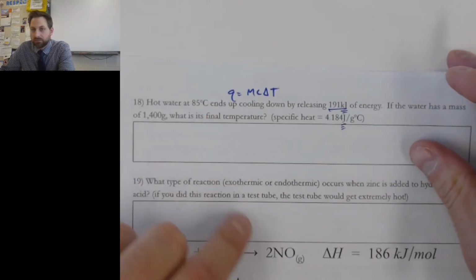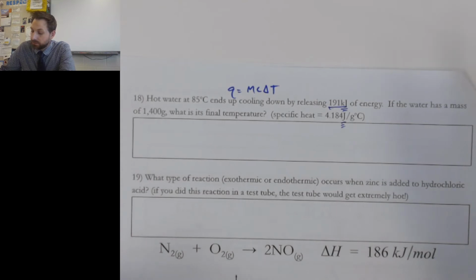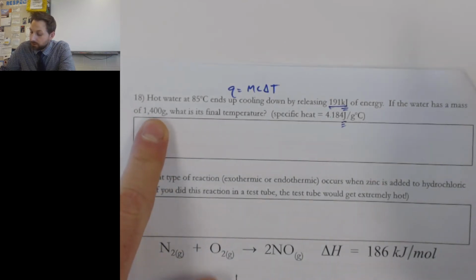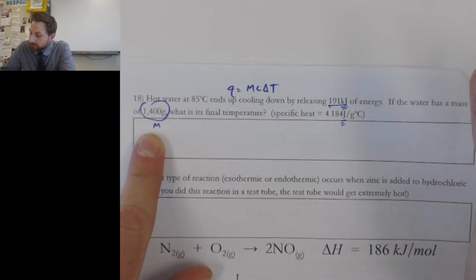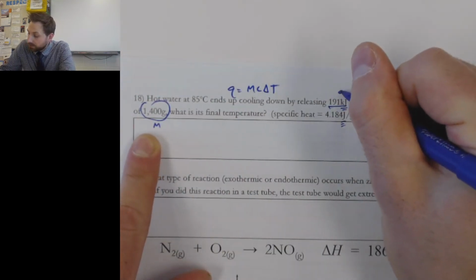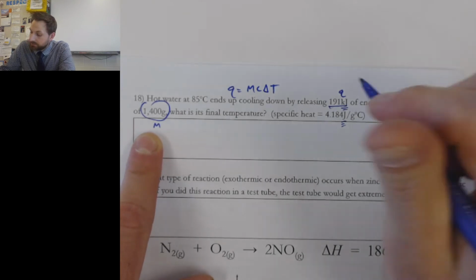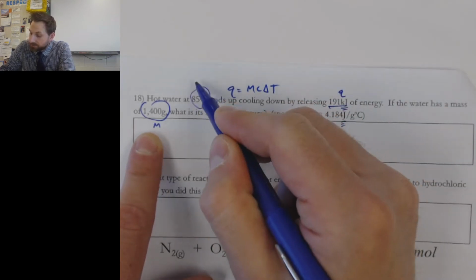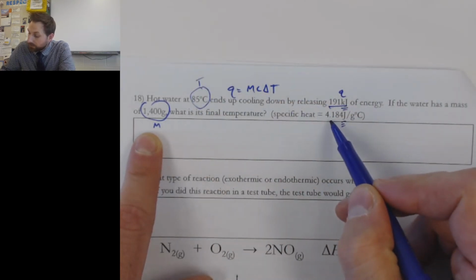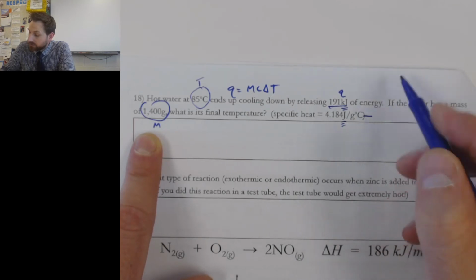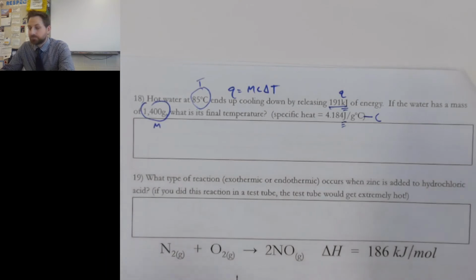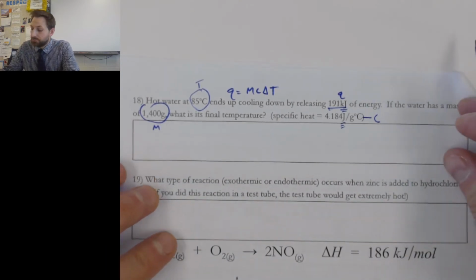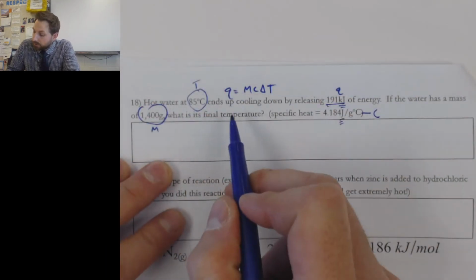That already tells me I'm probably going to need to do a conversion. We're given 1,400 grams. That's a mass. This is a Q value. Q is energy. We're given an initial temperature, and we're given the specific heat, which is a C. It's C from your equation. So I'm looking for my final temperature. I'm going to go ahead and set it up.